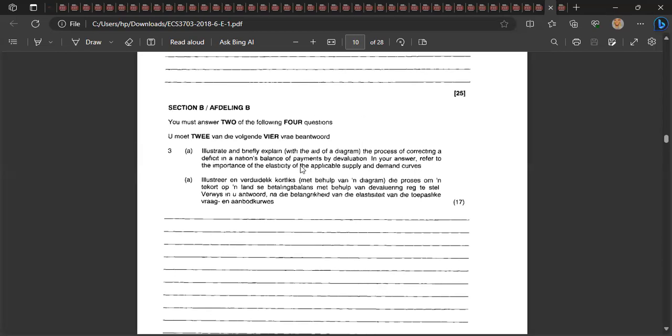So we are illustrating here with the aid of a diagram the process of correcting a deficit in a nation's balance of payments through devaluation. Then in the answer, refer to the importance of elasticity of the applicable supply and demand curves. So this is the instance now where we need to put in those two curves. Right. Let me see. I'm not going to be able to draw this well on Zoom.